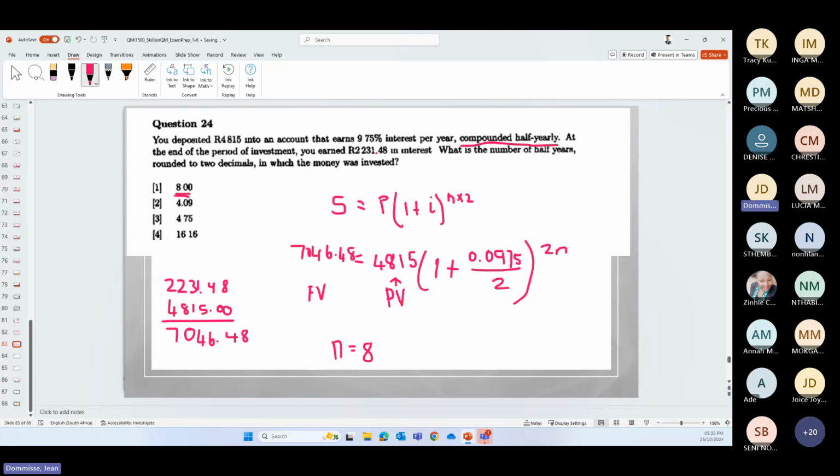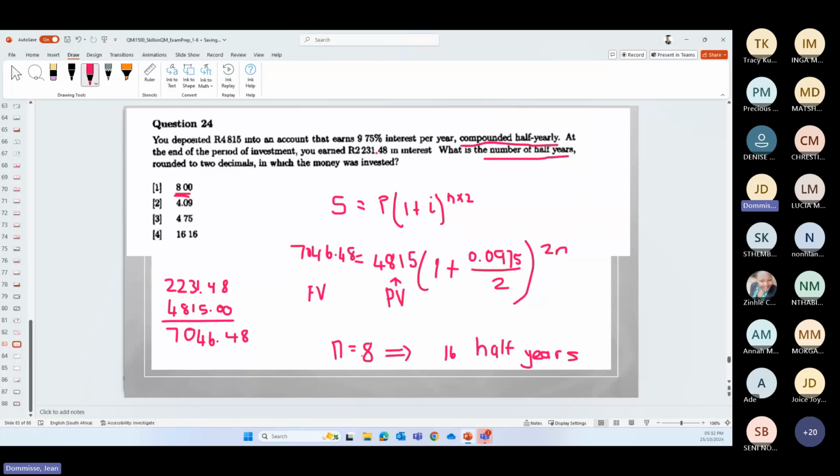But then if you need to work out how many half years there are, it will be 16 half years. So that is the important thing that comes in.